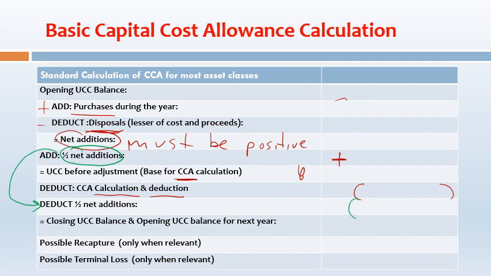So remove them, get rid of them from the pool. This is going to ultimately result in your closing UCC balance for the year and opening balance for the subsequent year. Let's try and see what this looks like with actual numbers in the following video.